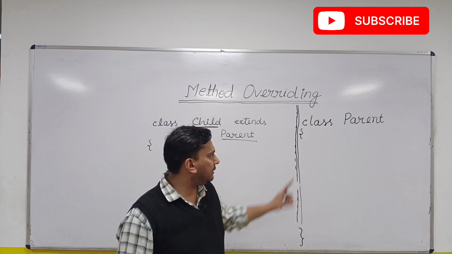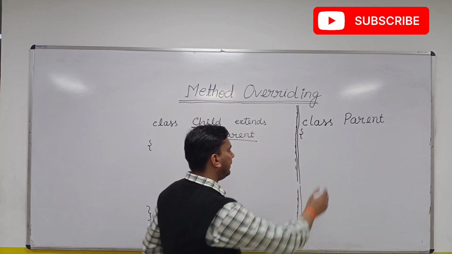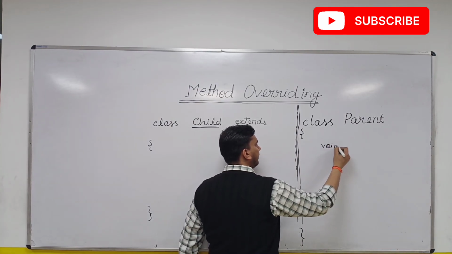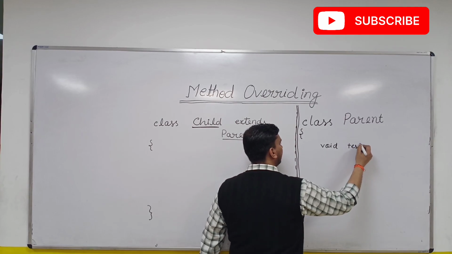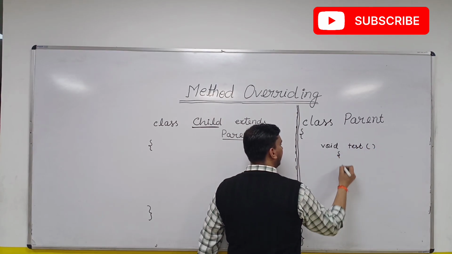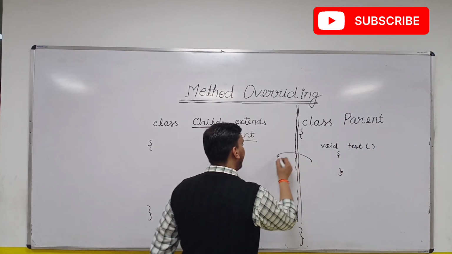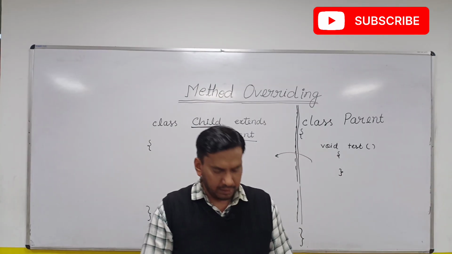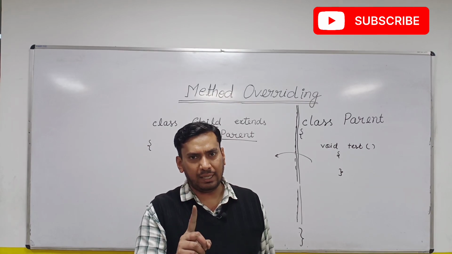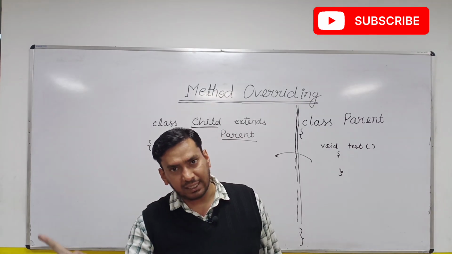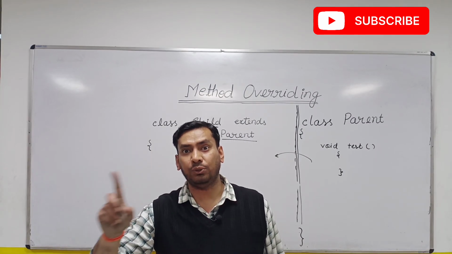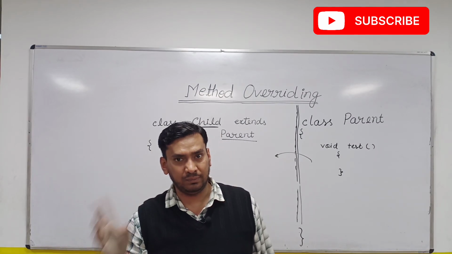Let's say you have a method in the parent class, void test. During overriding, you can enhance the accessibility level. You can change the access modifier, but it should be enhancing. It should not be restricting, right?